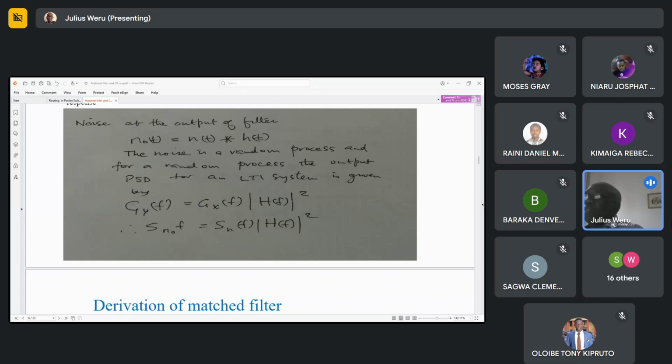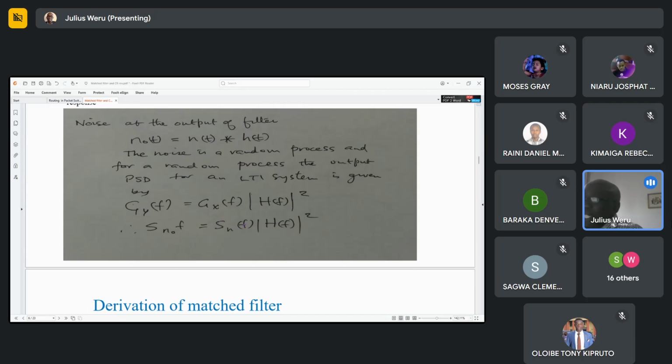So that is the general equation. For our case, S_n0(f), that's for the output noise, the power spectral density of the output noise will be the input noise S_n(f) multiplied by the modulus squared of H(f).